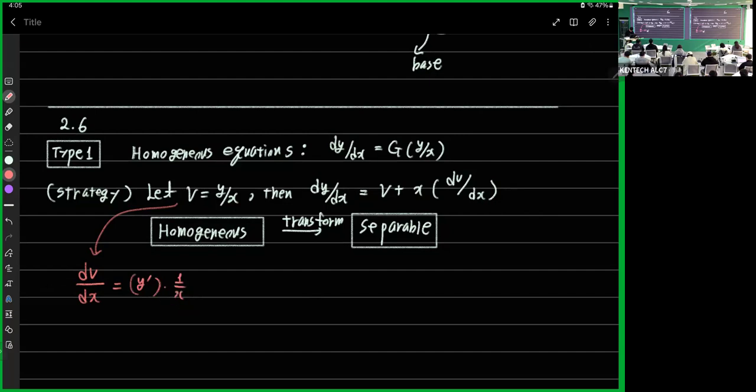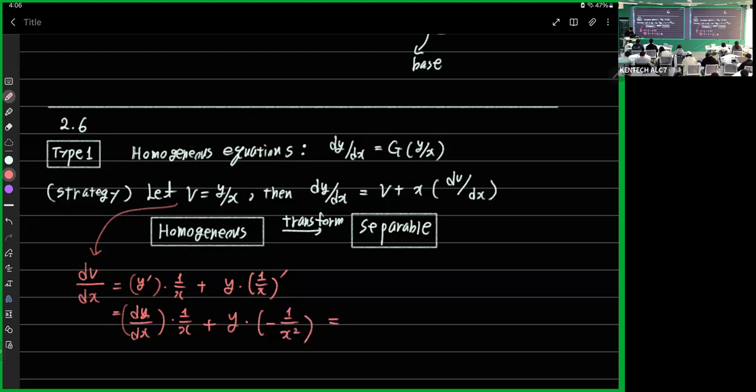Let me apply the product rule: y prime times 1 over x, plus y times the derivative of 1 over x. Here, prime means d/dx. Then y prime is dy/dx, times 1 over x, plus y times minus 1 over x squared.